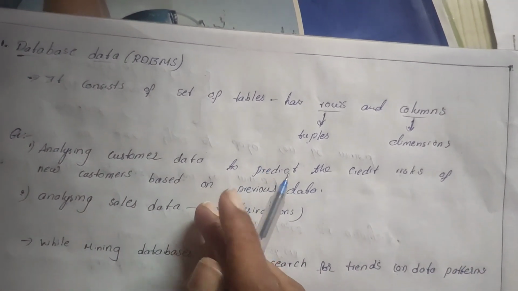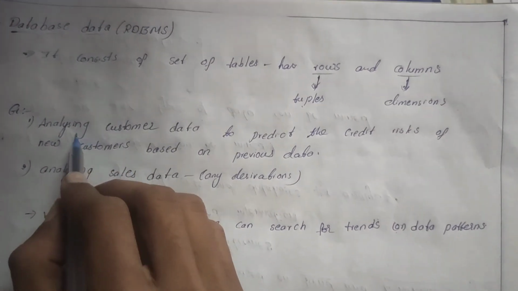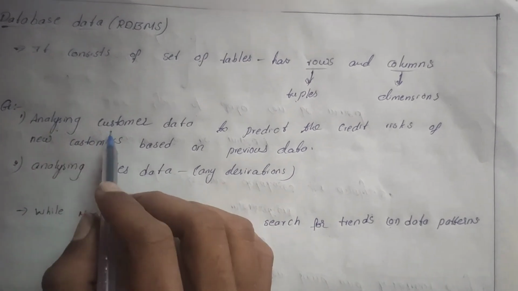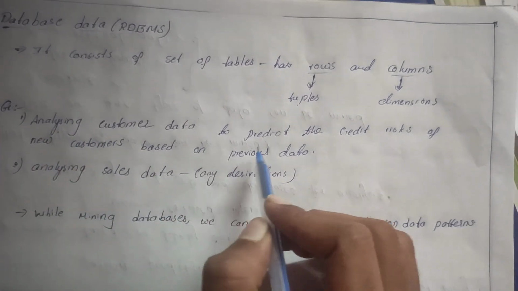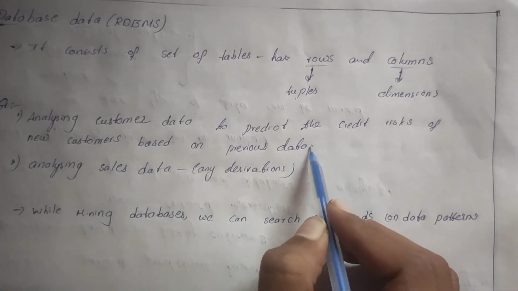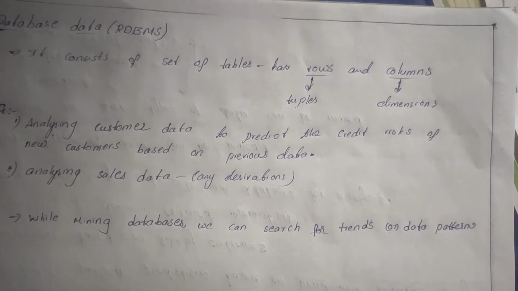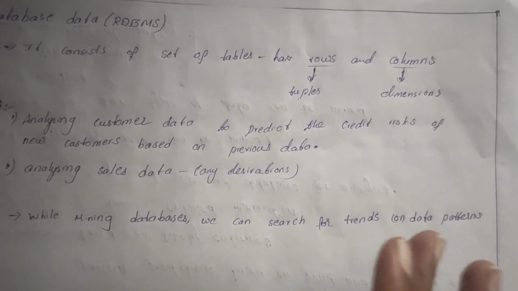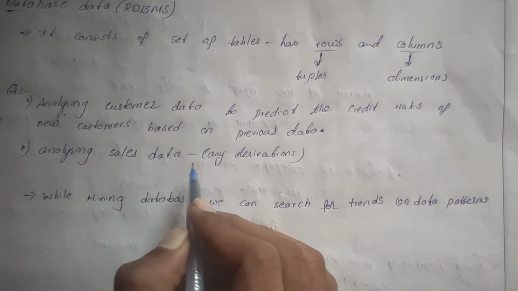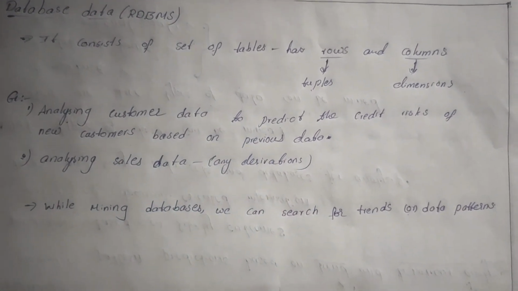Let us look at some examples. This database is used for analyzing customer data to predict the credit risk of new customers based on previous data. We can also analyze sales data.